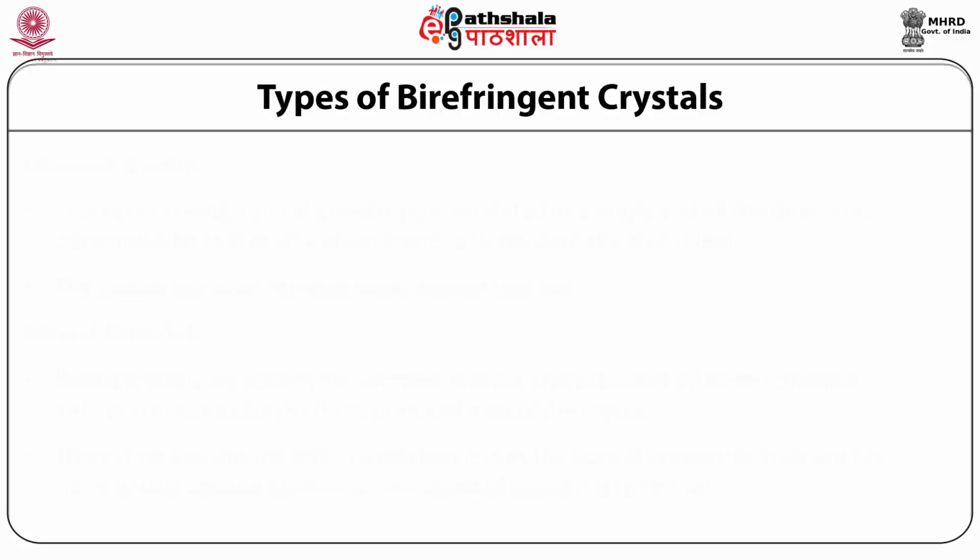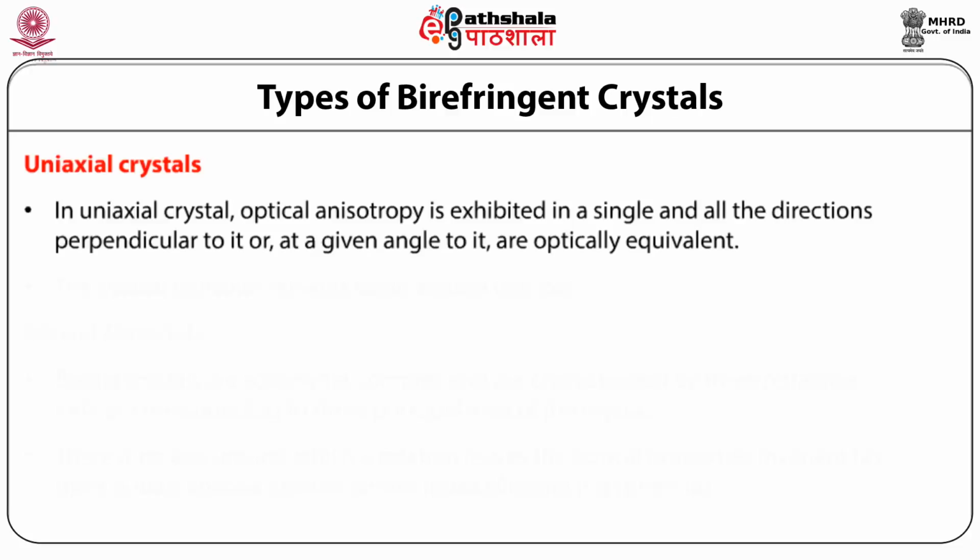Types of birefringent crystals. The first type is uniaxial crystals. The simplest type of birefringence could be described as uniaxial, where the optical anisotropy is exhibited in a single direction, and all the directions perpendicular to it or at a given angle to it are optically equivalent.